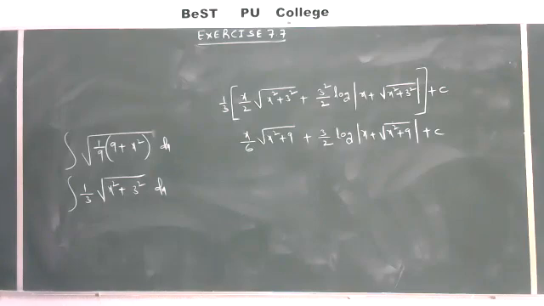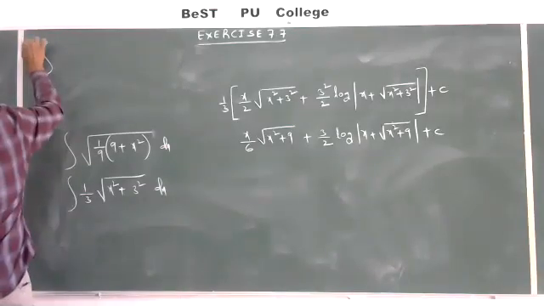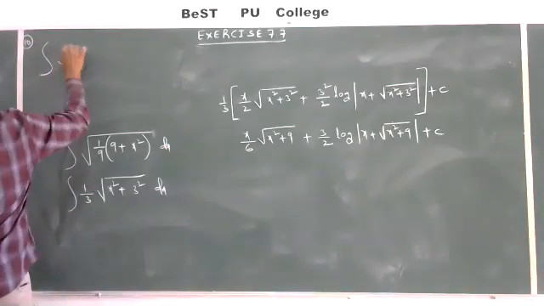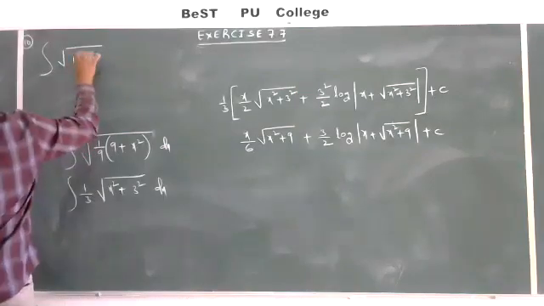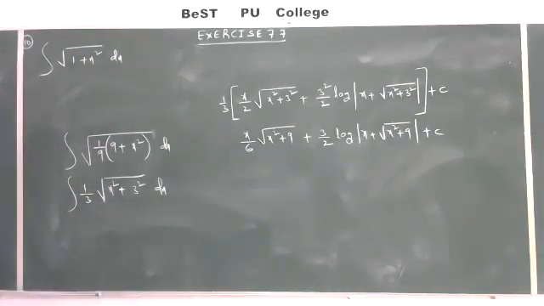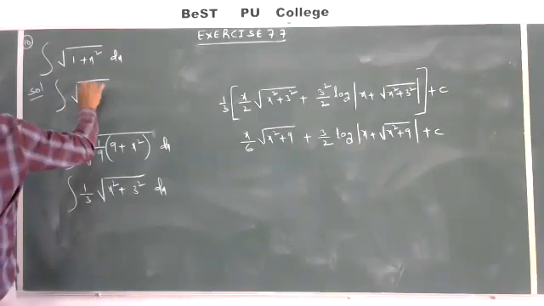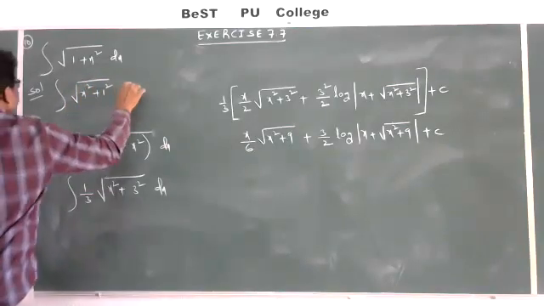That's the 9th problem. Yes, 10th problem. Directly write integral root of 1 plus x square dx. Apply the direct formula. Solution: integral root of x square plus 1 square dx.